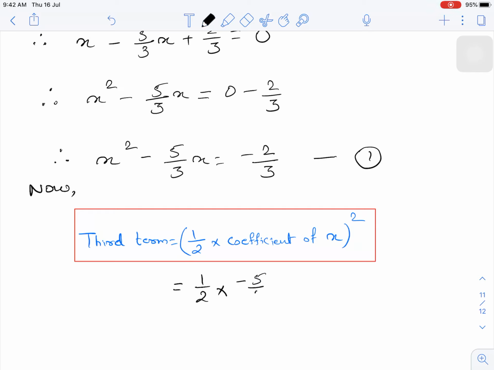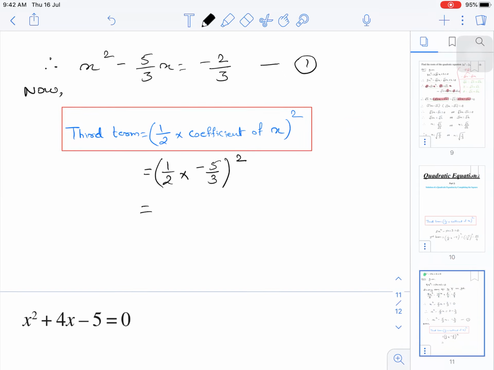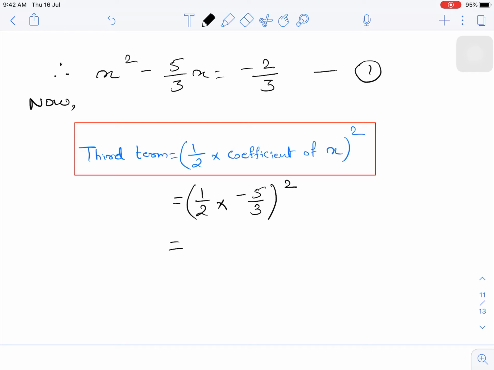So minus 5 upon 3 bracket square. Now what will you get further? This 1 into minus 5 will become minus 5 upon 2 3s are 6, bracket square. So that equals minus 5 square, so it is 25 upon 6 square, so it is 36.